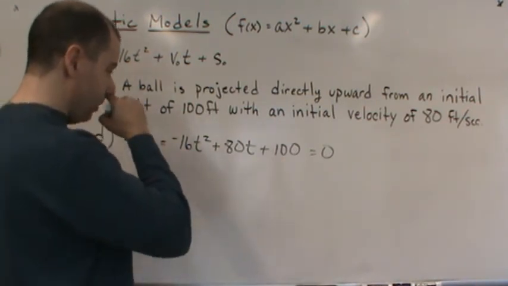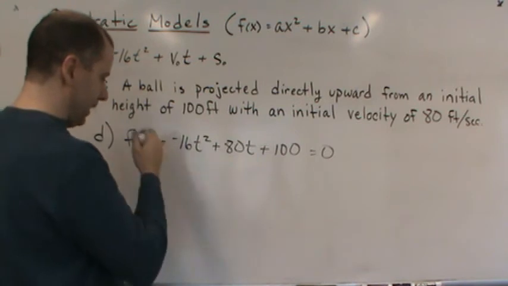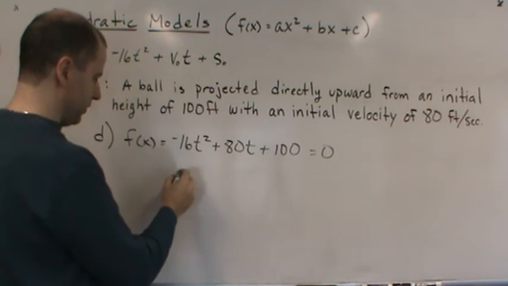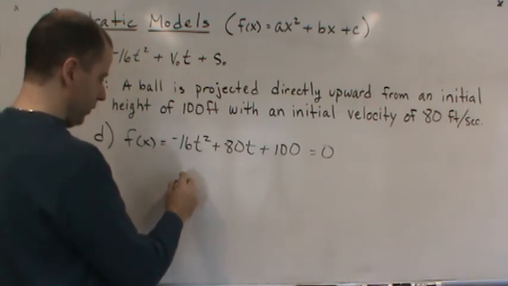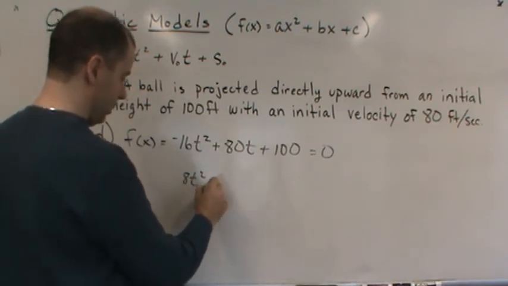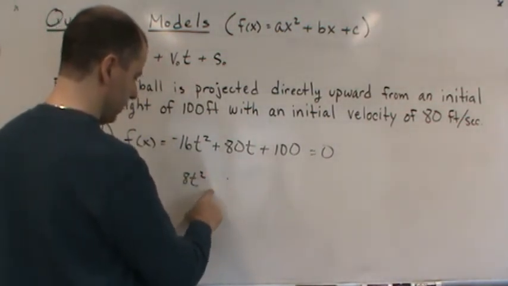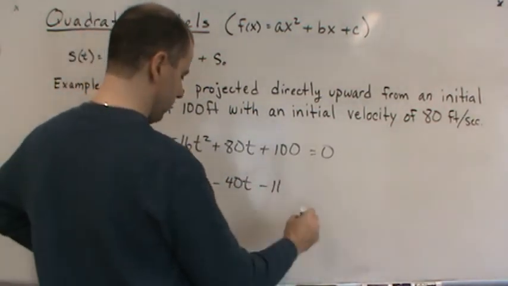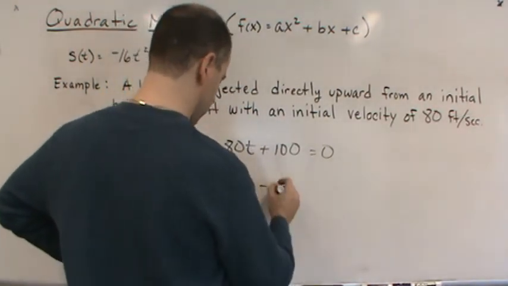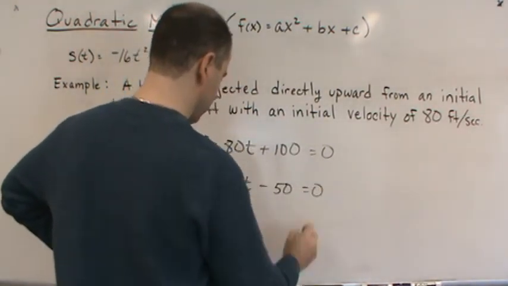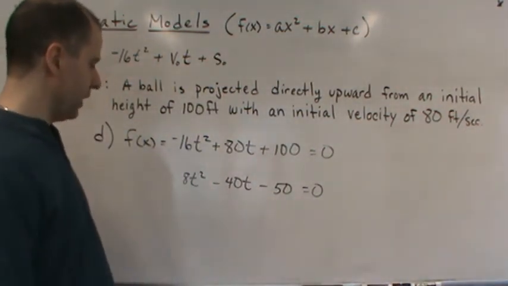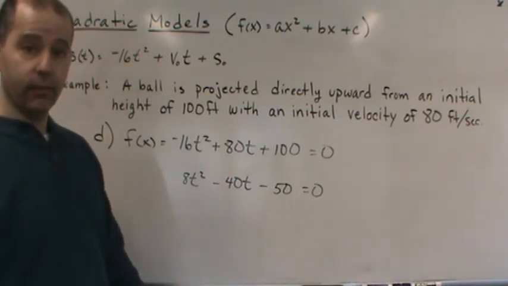Now again, here we can't divide by negative 4, so let's just simplify by dividing by a negative 2. Right? So if we divide by a negative 2, we get 8t squared minus 40t minus 50 equals 0. Now, again, this is not going to be factorable. Okay? So let's just use the quadratic formula.